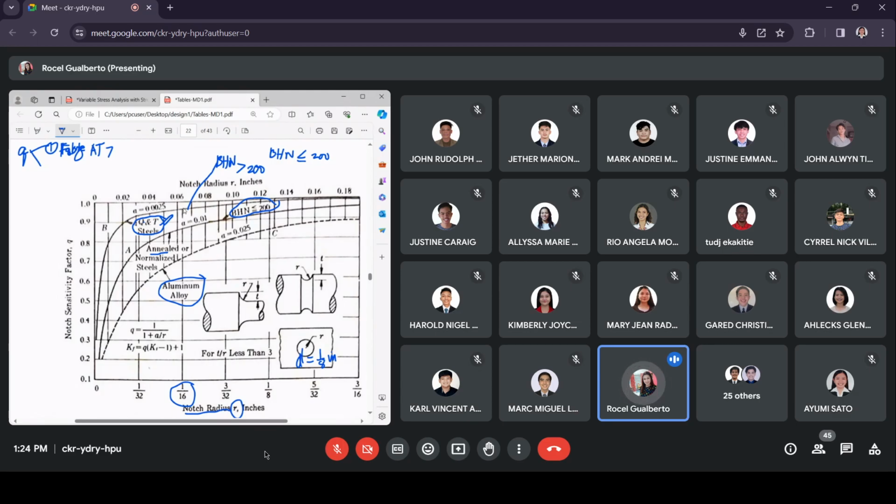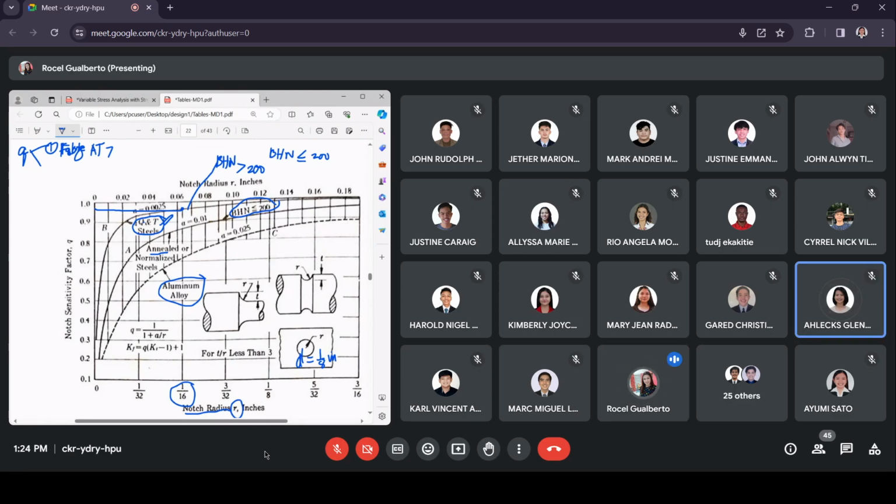Then you find the intersection of the two, and read its value on the y-axis. So you will simply estimate the value. From this, what is your estimation? Anyone?